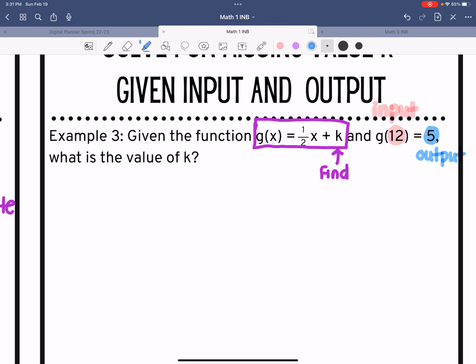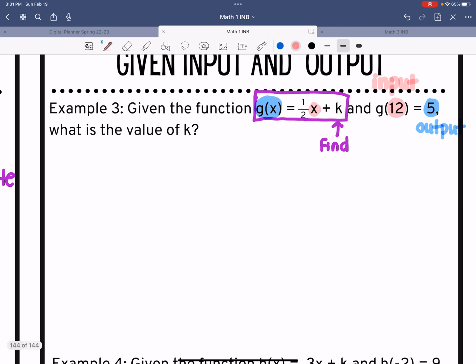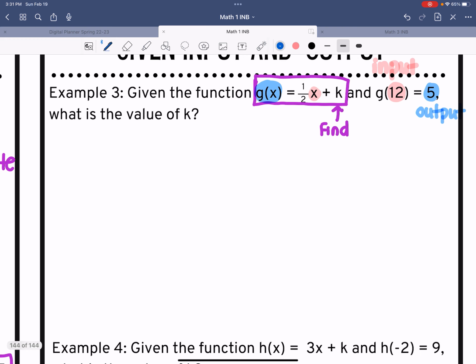Well, we're going to plug in everything we know. Right here is our output, we're going to plug in for the output, and the input is here. We're going to solve for k. And we're going to have enough numbers in the next situation that we can plug everything where it needs to go and solve. So again, we have g of x equals 1/2 times x plus k.